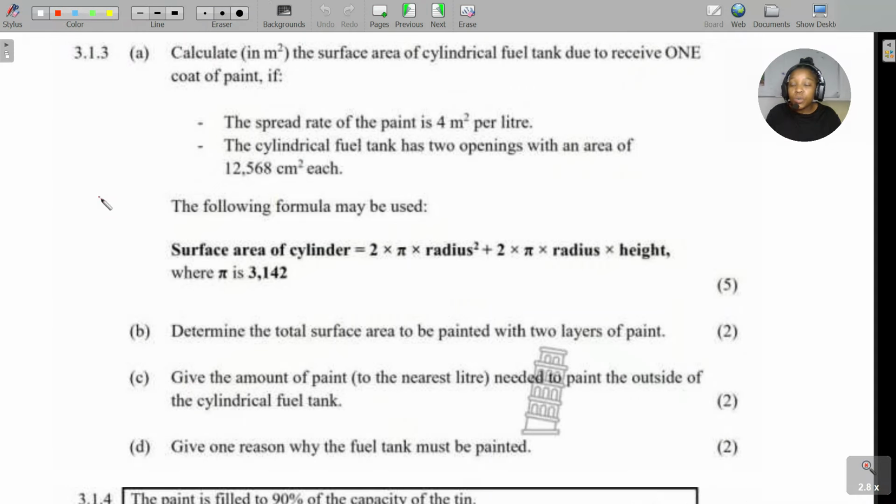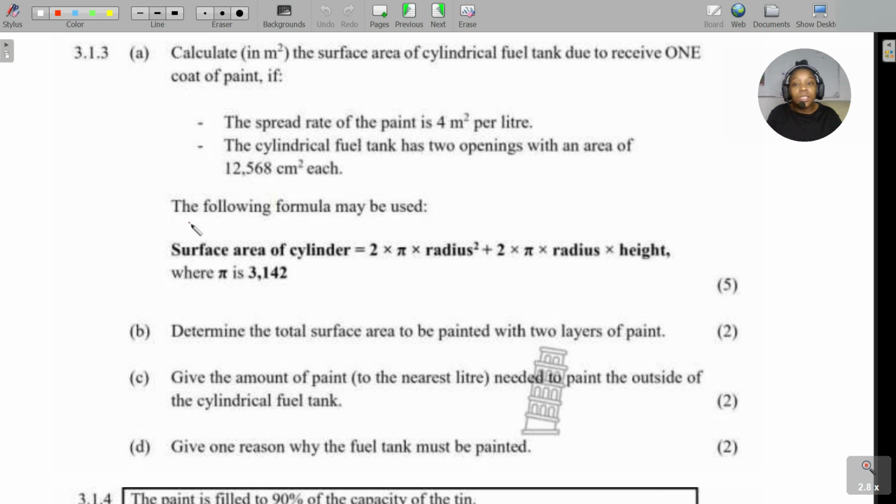So let's get started. Question 3.1.3 says, calculate in meters squared the surface area of the cylindrical fuel tank due to receive 1 quart of paint if we are told that the spread rate of the paint is 4 meters squared per liter, and we're also told that the cylindrical fuel tank has 2 openings, with an area of 12.568 centimeters squared each.